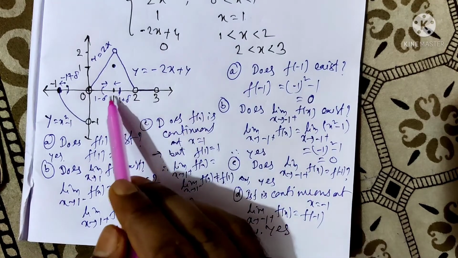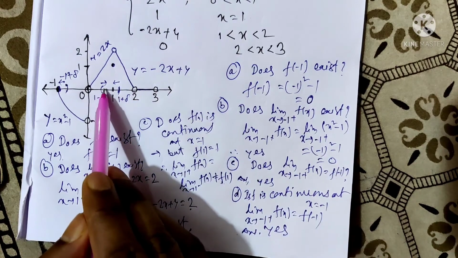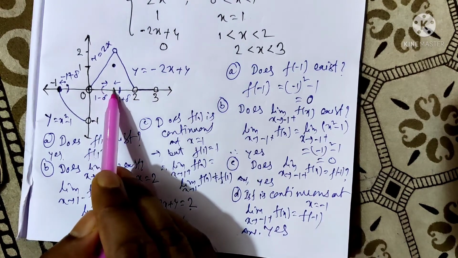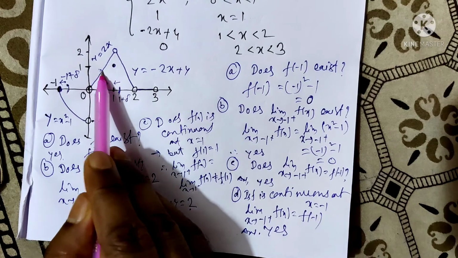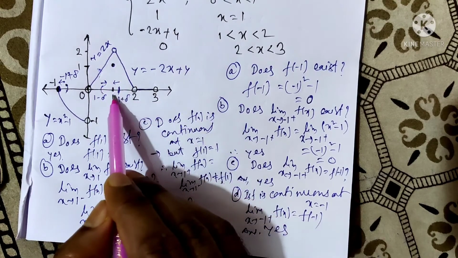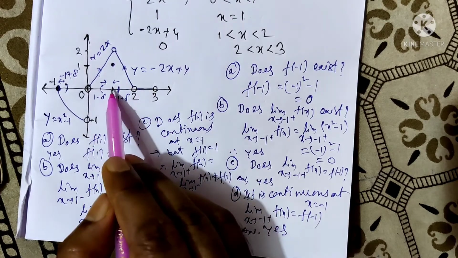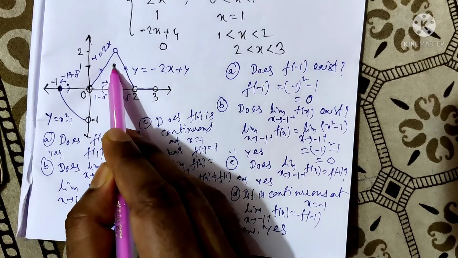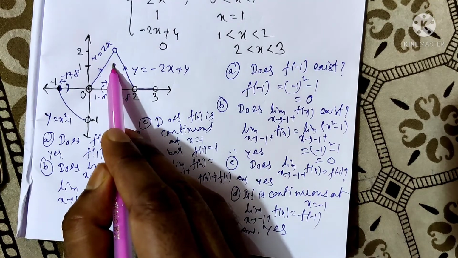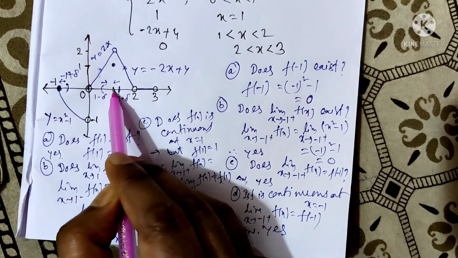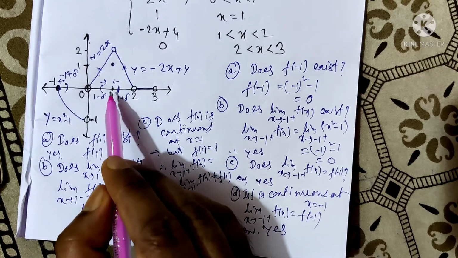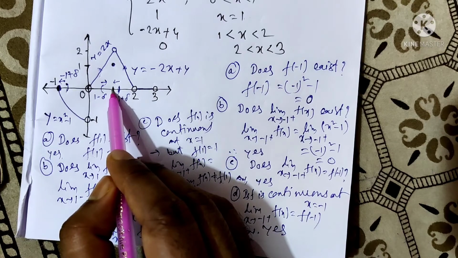From this figure, from 1 minus delta to 1 the value is 2, and from 1 plus delta to 1 the value is also 2, but at the point 1 it is 1. So this is a point of discontinuity, and this type of discontinuity is called removable discontinuity.